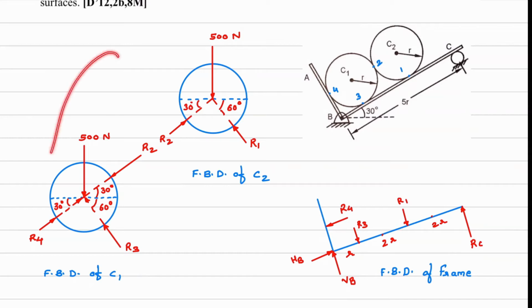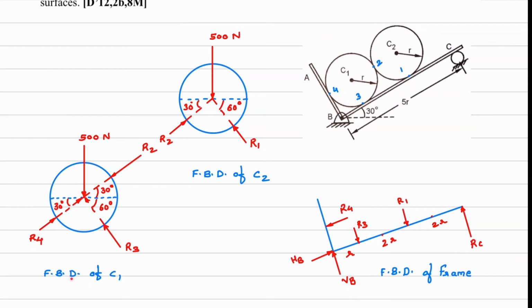If you draw the combined FBD of both cylinders, that R2 will vanish. Now the first cylinder C1, its weight is also 500 Newton. At this point we will have perpendicular reaction R4, and at this location we will have a reaction perpendicular to the frame, which is R3. Now after this we have to understand the angles, because angles are important over here, so we will see the angle part now.